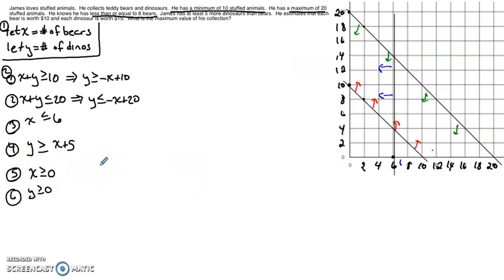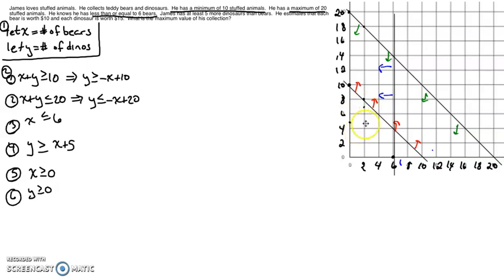Line 4 is x is greater than or equal to x plus 5. So our starting point is 5. It's halfway between 4 and 6, even though it doesn't have a line. That's okay. And our slope is 1 over 1, right? Because there's nothing in front of our x. It's like there's a 1 there. So 1 over 1 is our slope, which means we're going up 1 and over 1. So I'm going to go up 1 full space, so to here, and over 1 full space to here.